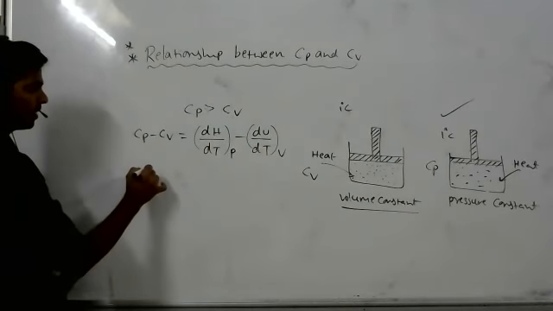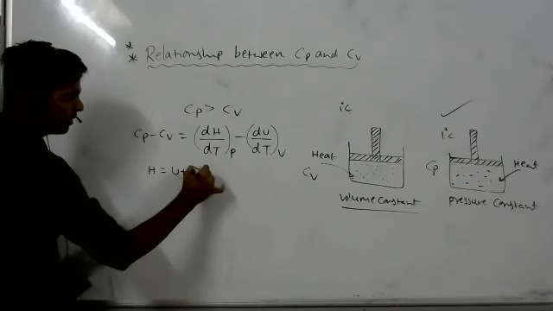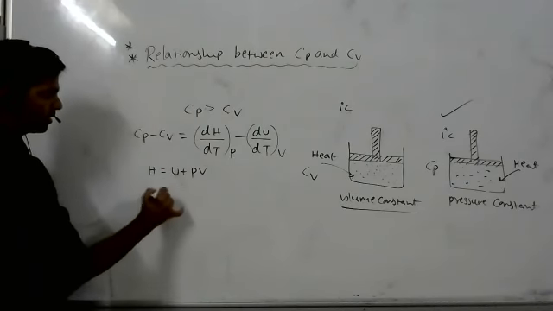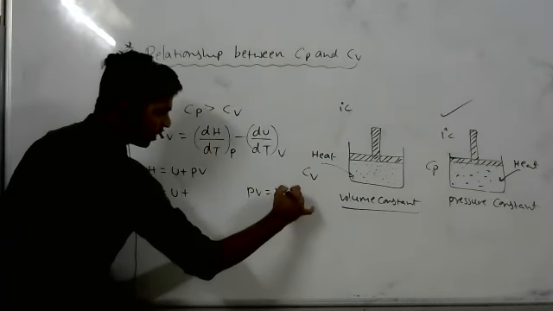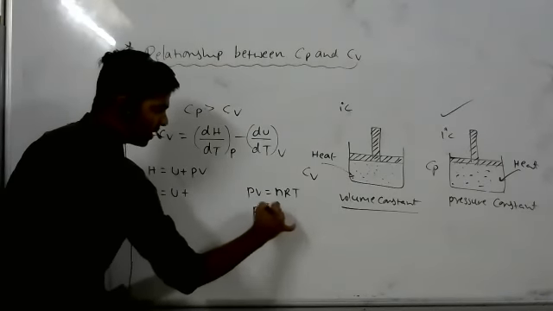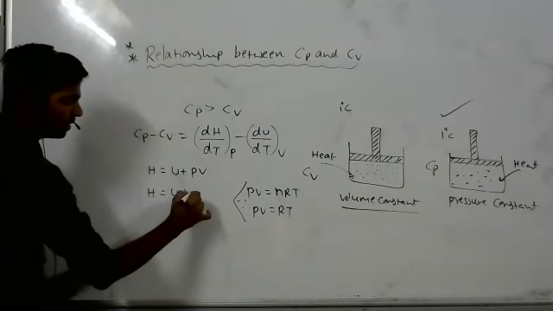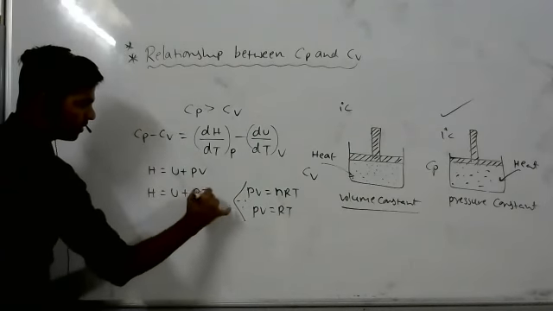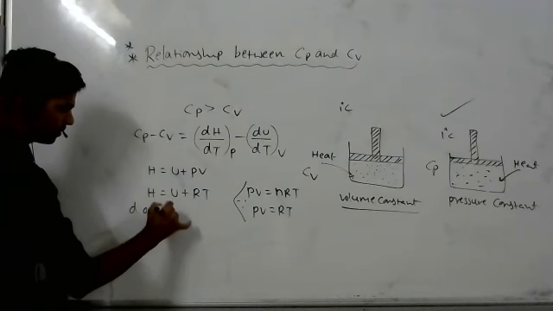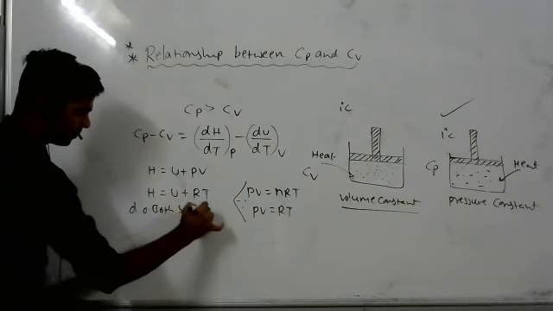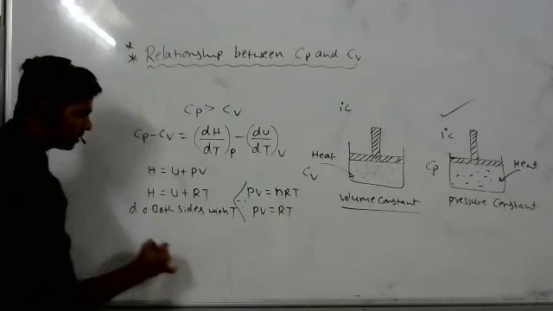Now we know this formula: H is equal to U plus PV. And we know PV is equal to nRT for n moles. For 1 mole, we may write PV is equal to RT. So instead of PV, write RT. Now differentiate on both sides with respect to temperature.